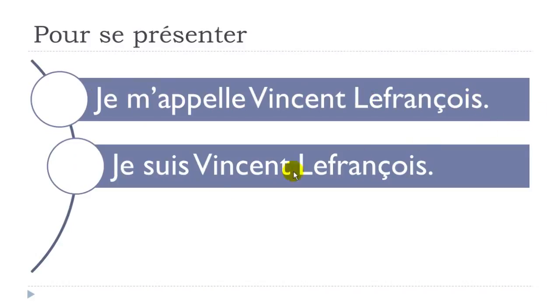The other possibility is to use the verb être, to be. Je suis, I am, je suis Vincent Lefrançois. The first one, je m'appelle, you could translate it directly as I call myself, and that's the verb we tend to use when we introduce ourselves.